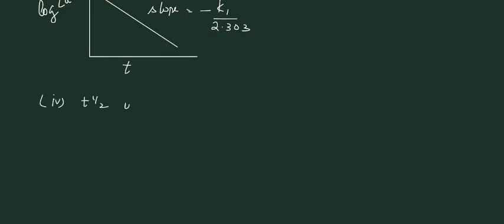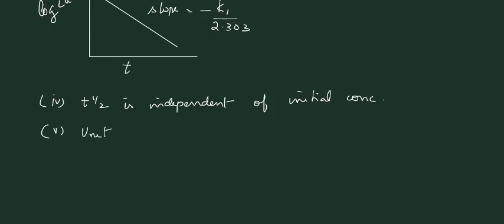T half is independent of initial concentration. And fifth one is the unit of rate constant. Unit of rate constant is time raised to minus 1.